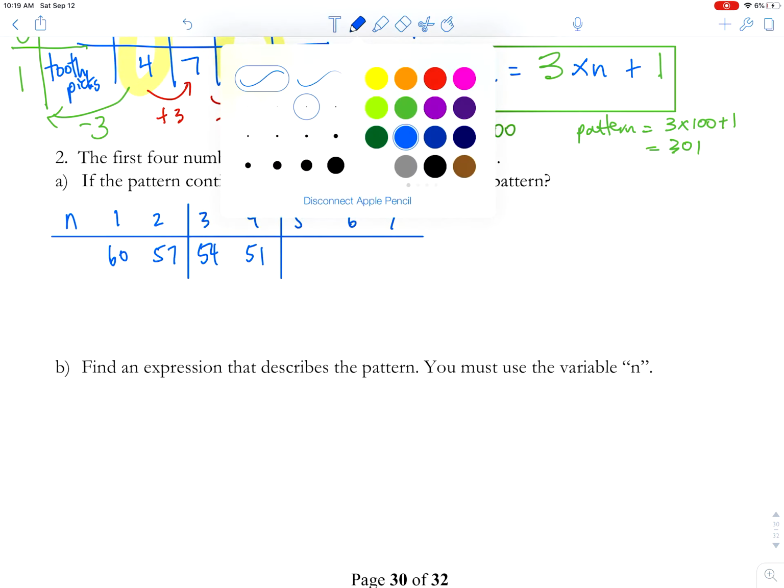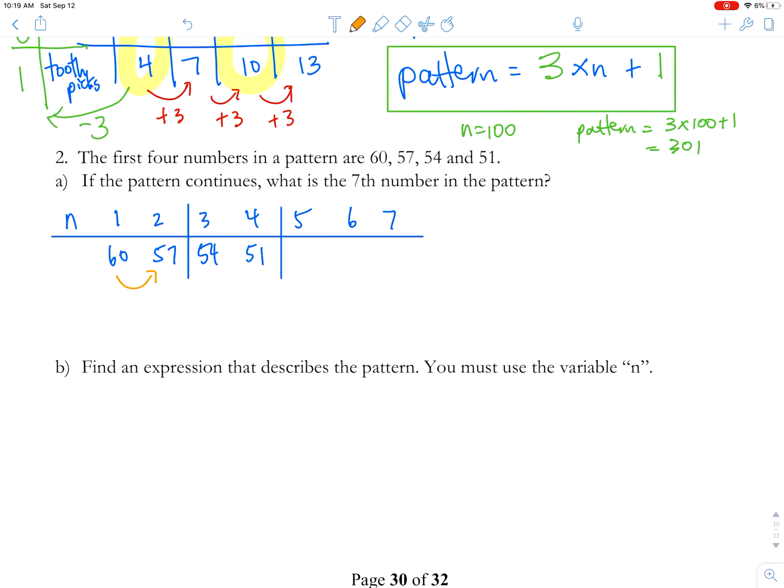And I'm going to look and see, and I notice that each time my step, I should have these in red so it's consistent. Each time I'm going down by 3. So if I were to continue this down by 3 each time, I would get 51 minus 3 is 48, minus 3 is 45, minus 3 is 42.